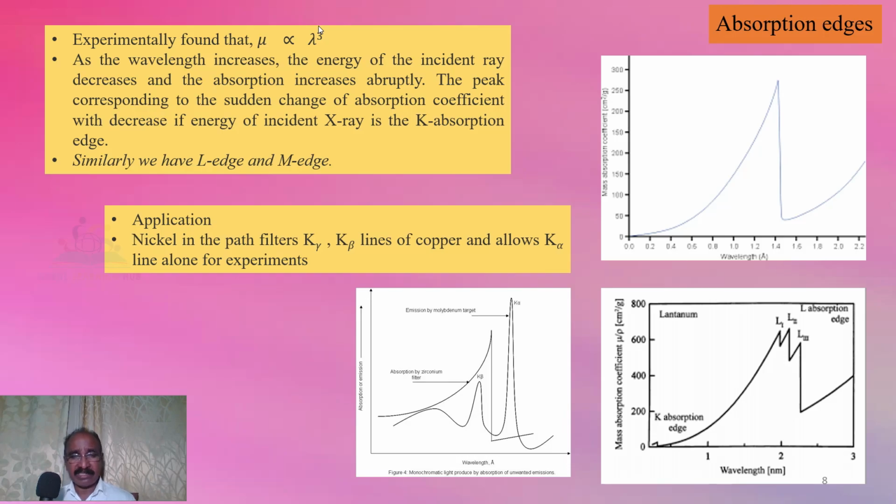So from this we can easily understand an X-ray having very long wavelength could be absorbed more. When I say very long wavelength, it means the wavelength is long, therefore energy will be very low.